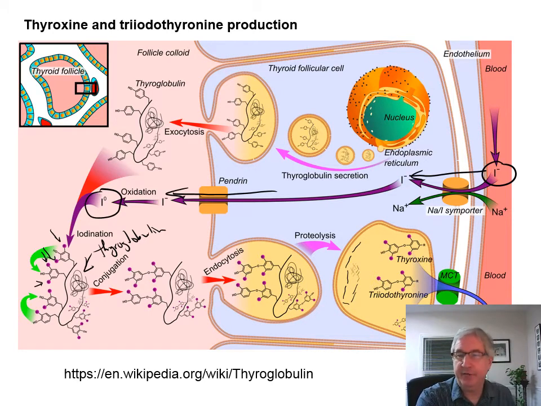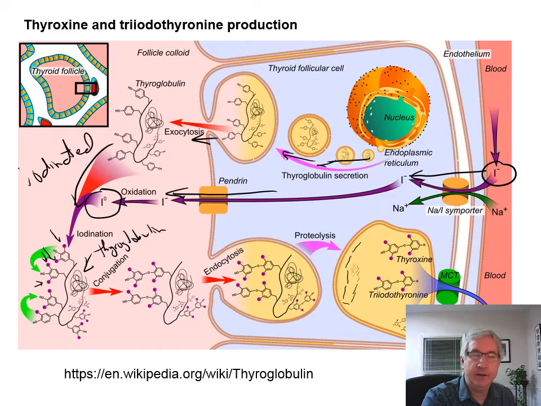Thyroglobulin was made up here in the endoplasmic reticulum, and then it was brought up and excreted by exocytosis. So you have this thyroglobulin molecule out here that has no iodines on it, and then it gets iodinated.